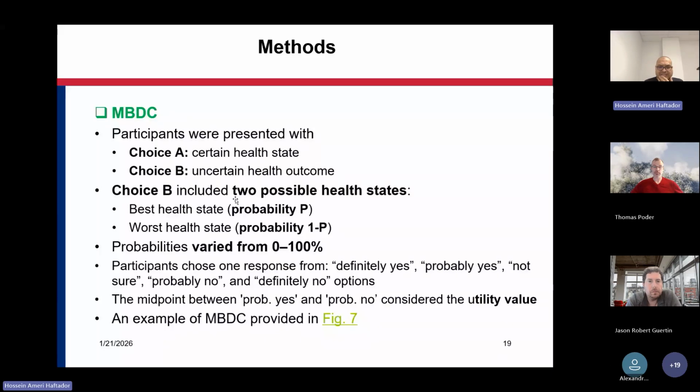Every person can answer on a 5-point scale like this, definitely yes or definitely no. If they answer this, they go to this, 95% and 5%, and this answer yes, yes. If they answer, for example, probability yes for this, and then probability no, the midpoint is the utility value for this state.